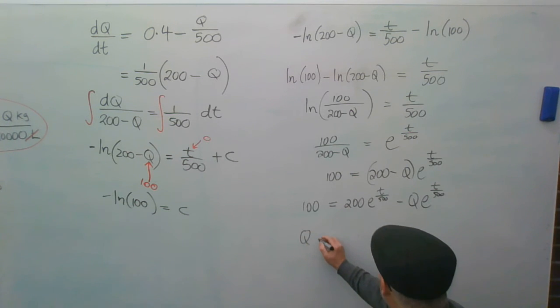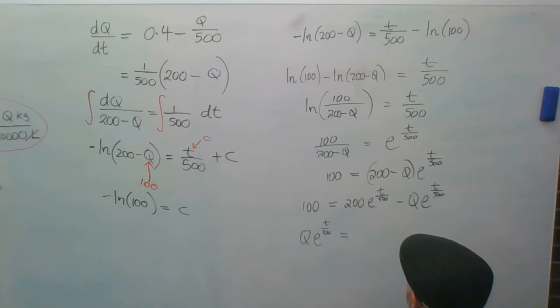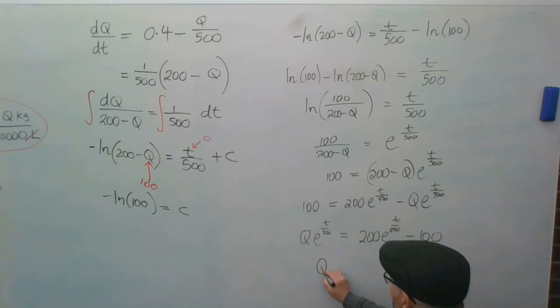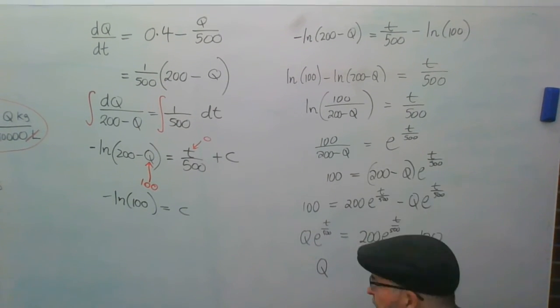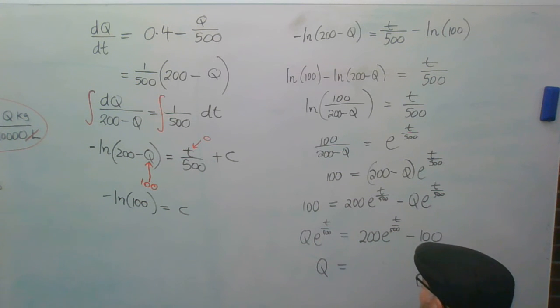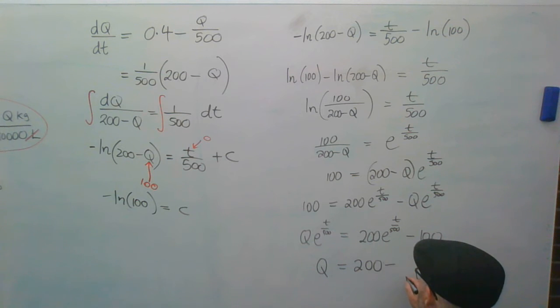So Q e to the t on 500 equals 200 e to the t on 500 minus 100. So Q, yes, you can see that, Q equals, and I divide by e to the t on 500, and I'll get 200 minus 100 e to the negative t on 500.